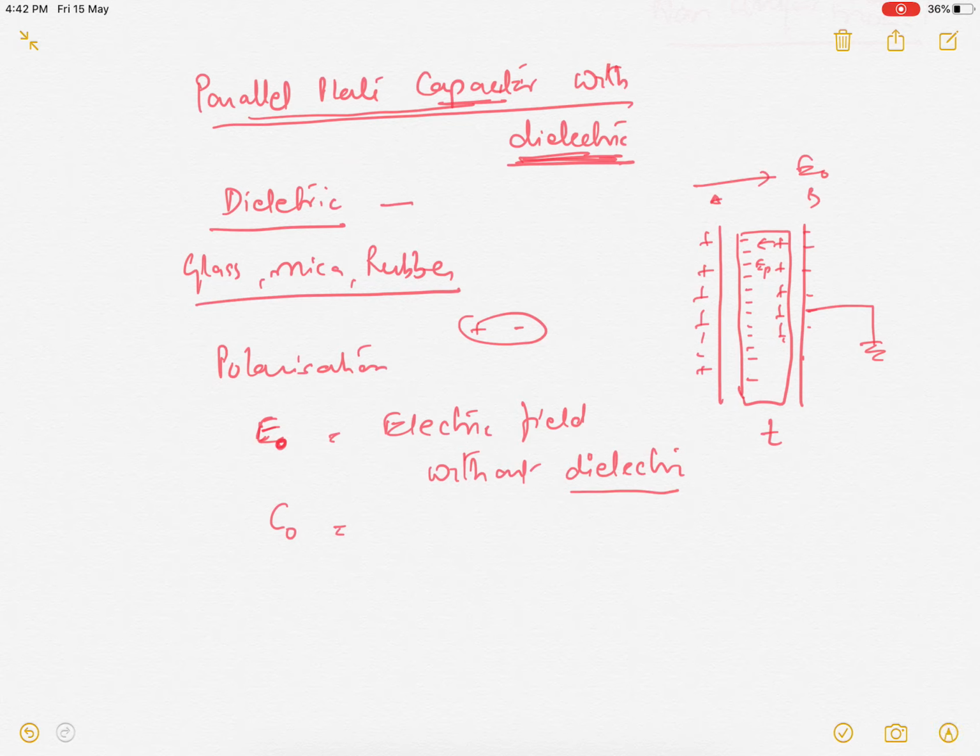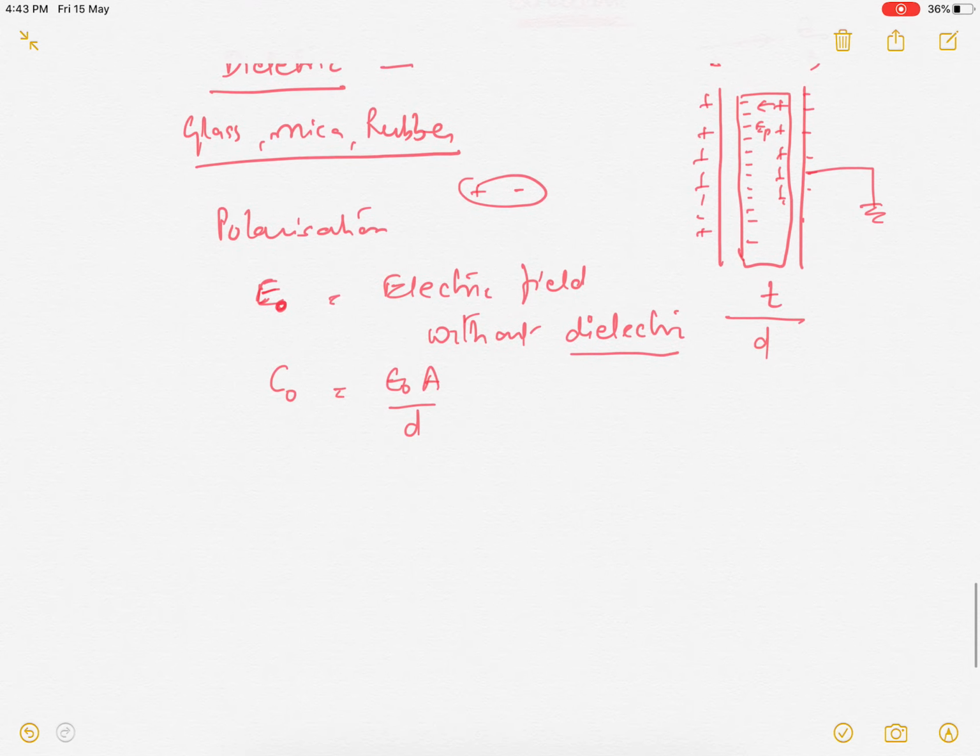In my earlier video I derived this formula. If you are studying, you must know it: epsilon 0 A by d. A was the area of the plate, d was the distance between the two plates, and epsilon 0 is the permittivity of the medium, air or vacuum, as no medium was there. So C0 is clear to you.